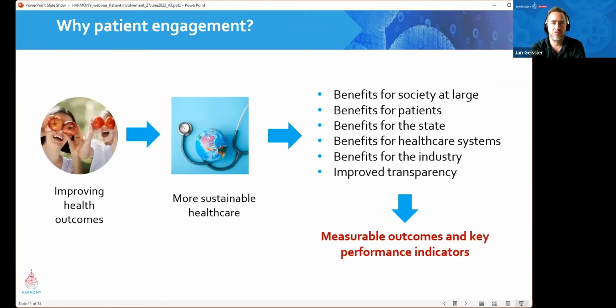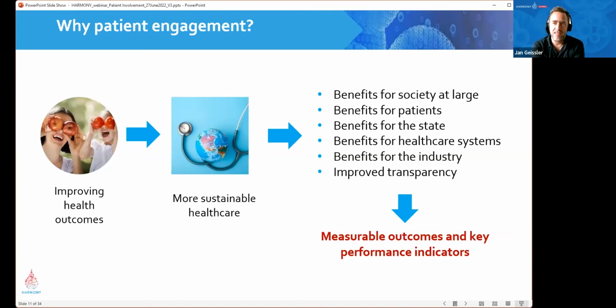In the end, we're all striving to improve health outcomes and to have more sustainable healthcare. Because if we don't do that, research and development and therapeutic development is just for the sake of it, if it doesn't improve health outcomes or make healthcare more sustainable. So what patient involvement tries to do is really focus research on what patients need and what patients want.